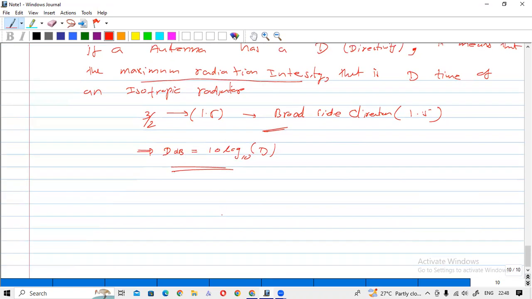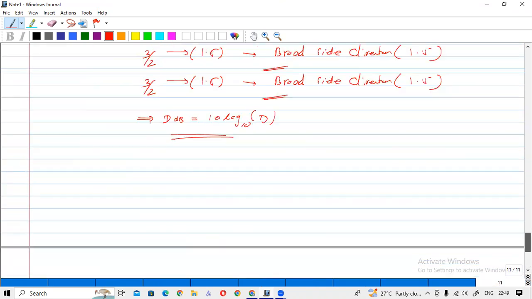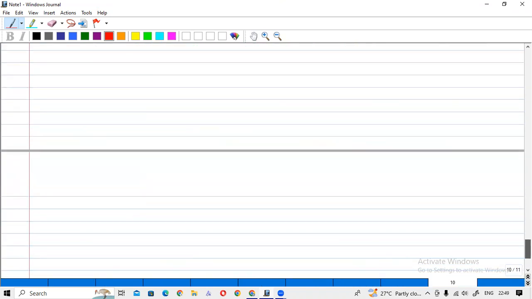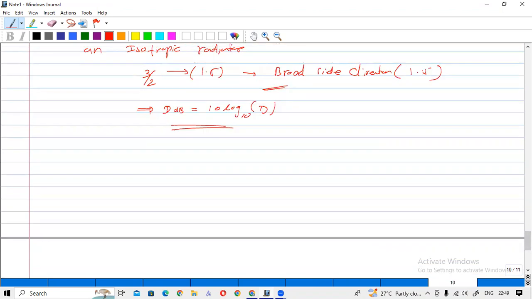And there is another very important parameter, that is called half power beam width, in short form HPBW.